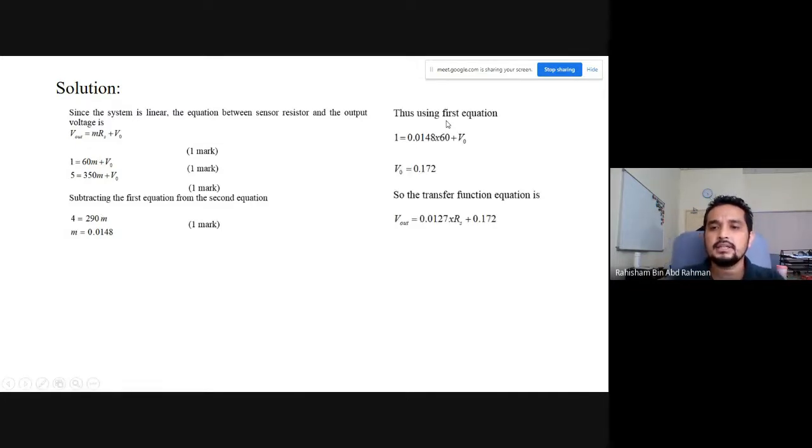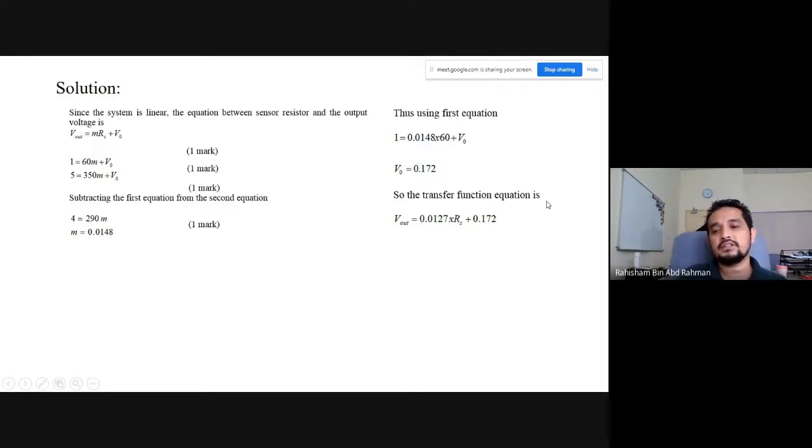By using the first equation, look here, 1 equal to 60 times M, which is 0.0148, plus V naught. Then we plug in the values and we should be able to calculate V naught, which is 0.172.